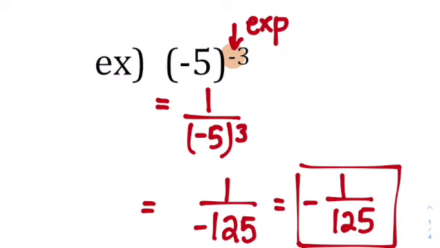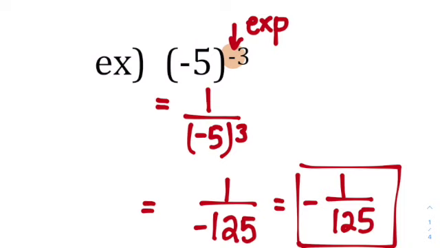All right. Now, because that exponent is negative, we can flip it from the top to the bottom, and negative 3 becomes positive 3, and then negative 5 stays, and that's going to be 125, negative 5 three times. So the negative sign stays, but the negative on the bottom can definitely be put in the middle, in the division sign.